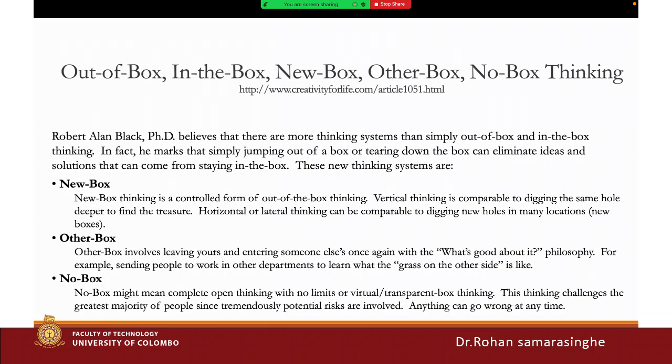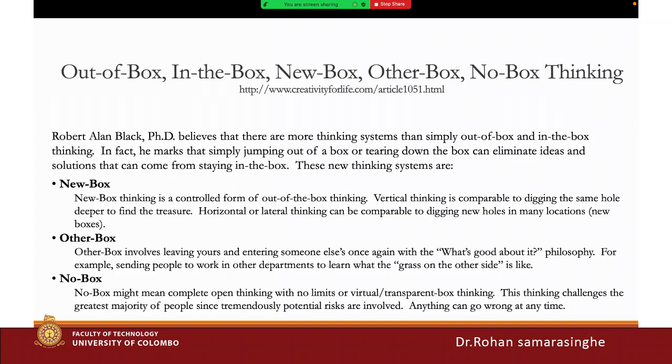No box might mean completely open thinking with no limits, or virtual, transparent box thinking. Open thinking, actually no limits, no boundaries.